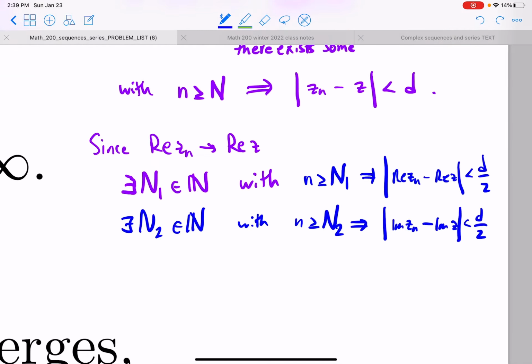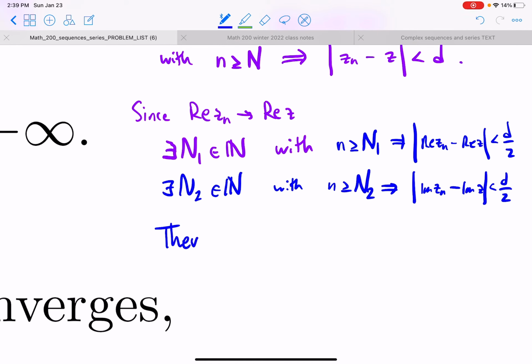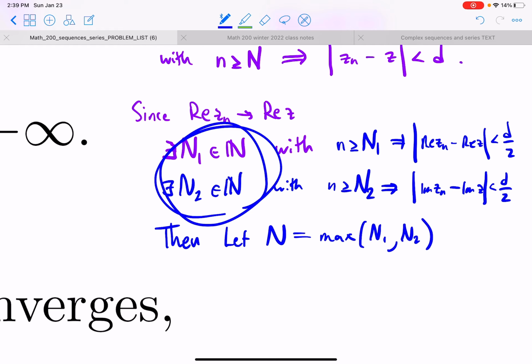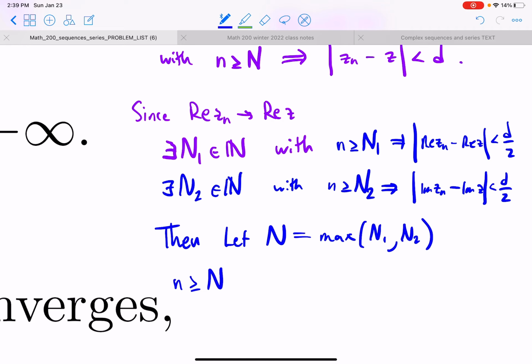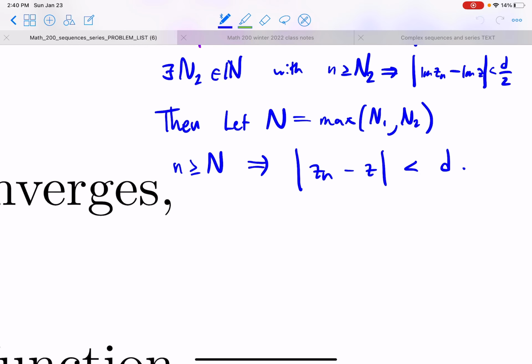Okay, so then let capital N equal the maximum. Just go as far as you need. You need to go far enough so that both of these hold. Then n past that implies that Zn minus Z is less than d. But why? Why?